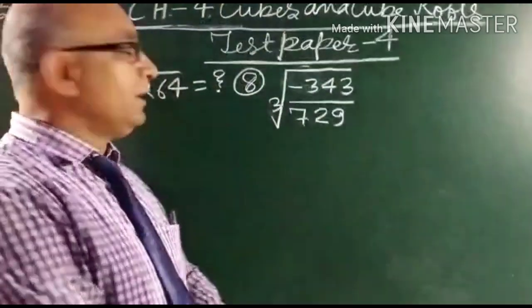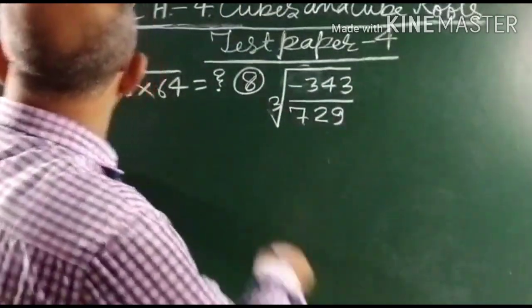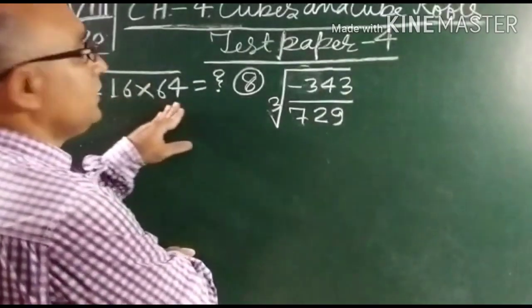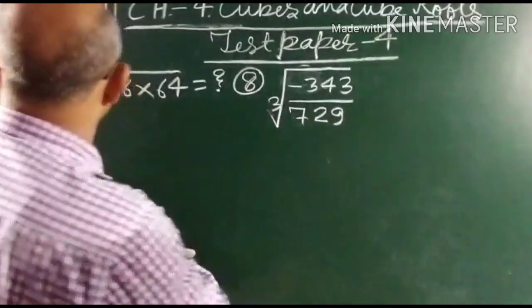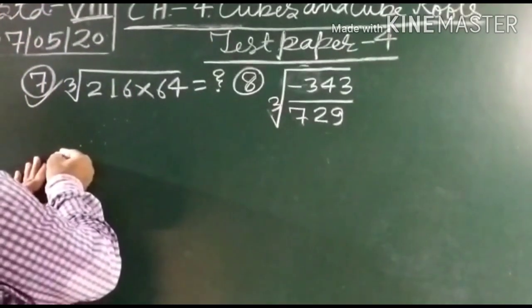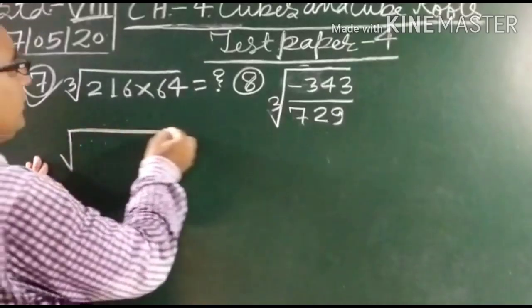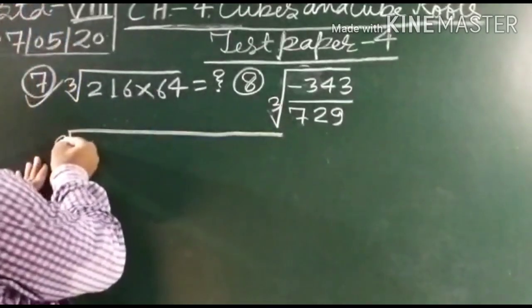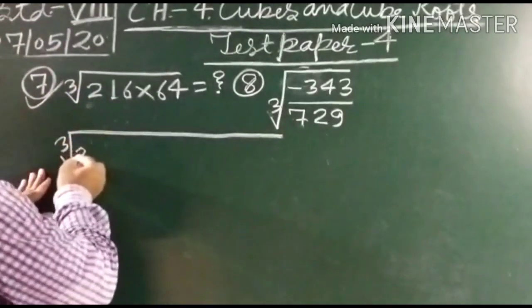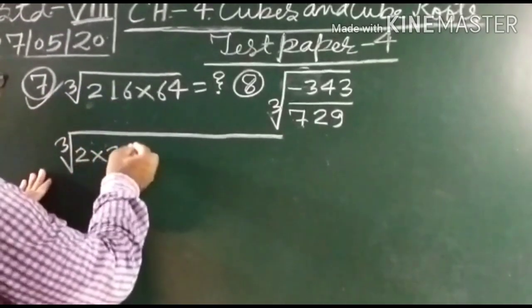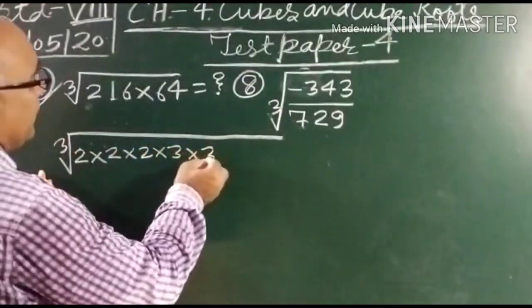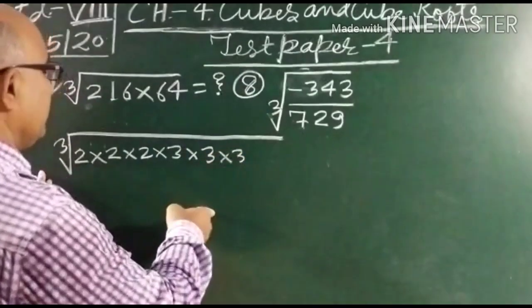Students, write two objective questions on this board: question number 7 and question number 8. Question number 7 is cube root of 216 into 64. So first of all, solve it. Write cube root of, and write the factors of 216: 2 into 2 into 2, 3 into 3 into 3.